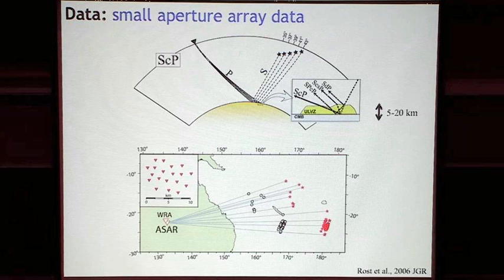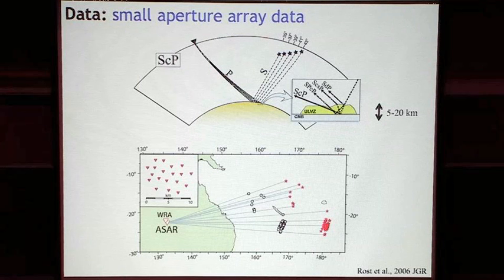If I am lucky and I have earthquakes over here, then I could use my symmetric SCS to hit that point, or symmetric PCP to hit that point. If I have earthquakes closer, then I could use some SP diffracted KS. So there's a challenge to hit the same spot with the same phases because they hit different things. People are trying to do that, and there's a couple places where you can do that. But it's a geometry challenge.